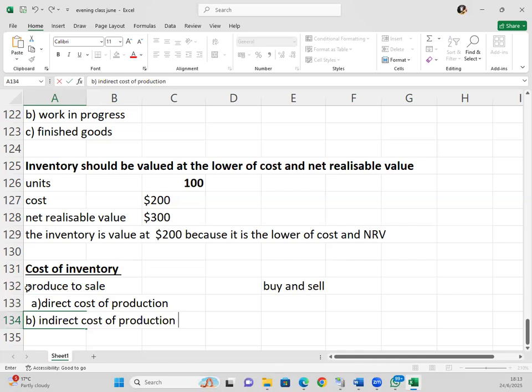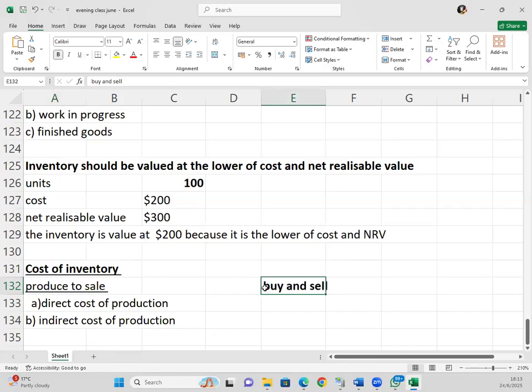So if the inventory is produced in-house, the cost of inventory is the cost of production. How much did you spend to produce the inventory? That is the cost of the inventory.